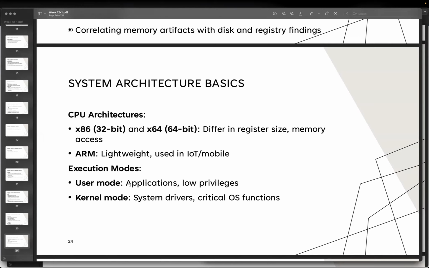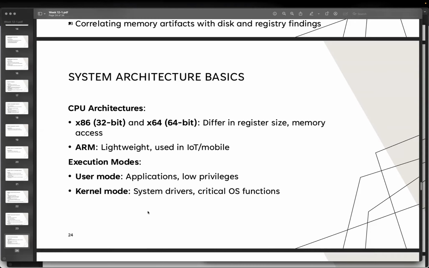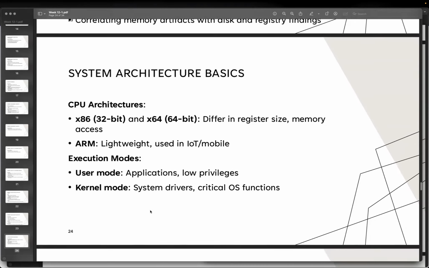Then we have to check the user mode, how they execute the applications and what privilege they are using, or the kernel mode. If you remember, the kernel mode executes the system drivers and critical OS functions, and sometimes you can try to access that from user mode or in kernel mode to modify the experience.